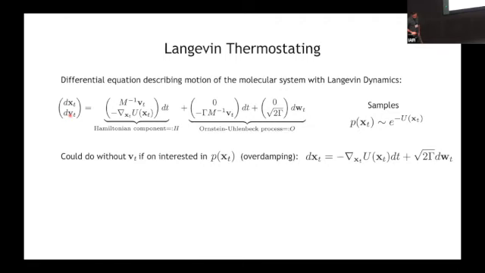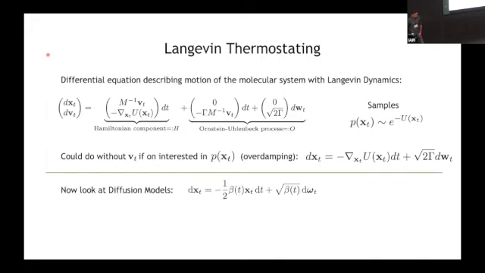You could also do this without the velocity if you're genuinely only interested in the Boltzmann distribution sampling, which would correspond to overdamped Langevin dynamics, where you have this friction constant. Basically, you crank it up so much that you resample the velocity in each step. But this is quite inefficient. Nobody really does this in MD, and this really heavily perturbs the natural dynamics of the system.